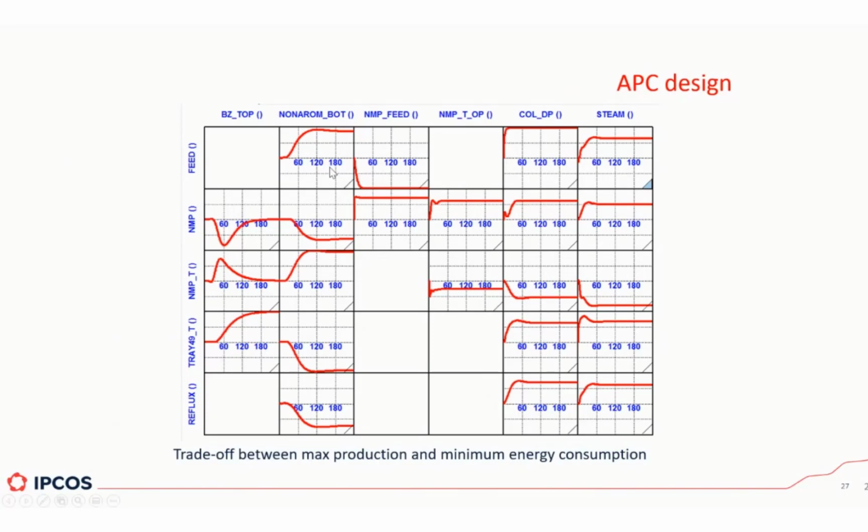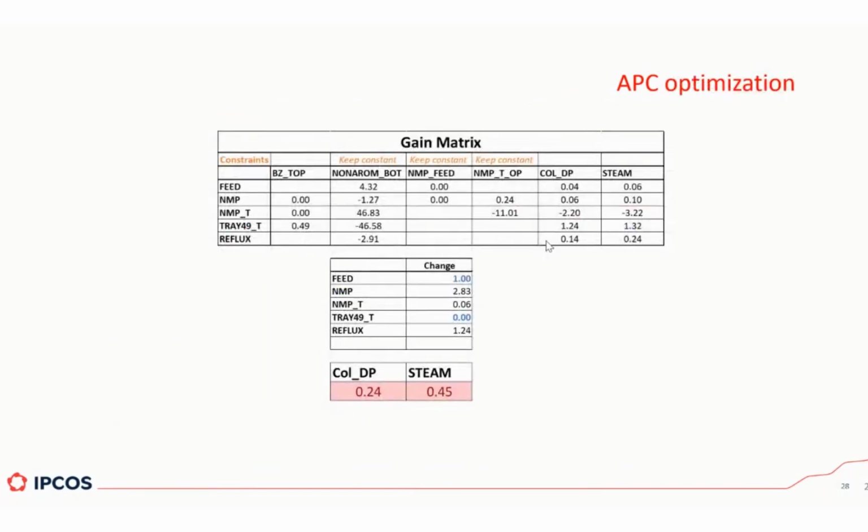Well, then you need to use the reflux in the top or the amount of solvent. So this is already something that makes you think, okay, this is a different problem to your usual problem. And then if on top of that, you need to take care of constraints in the column, then you know that if you want to optimize it, this is a very multivariable approach that you need to take. And this is what I want to show you here.